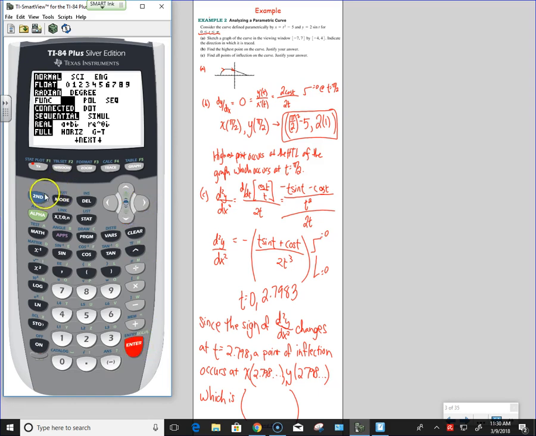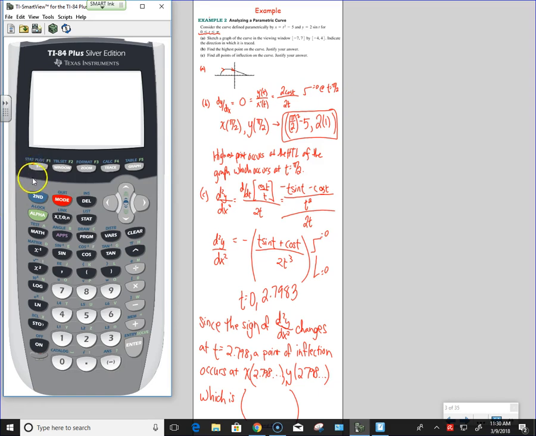Can't we go to our home screen? Can't we go find, no, you guys are going to be a little sad, because if we do alpha trace, where our little y1, can I do x1 of my, now, maybe I should have stowed my variable though, yeah? Oh well. I'm going to do something I should not have shown you, but that's all right. I'm going to put in the 3 because I know it's more than that. We probably should have stowed it and put it in, but there we go.